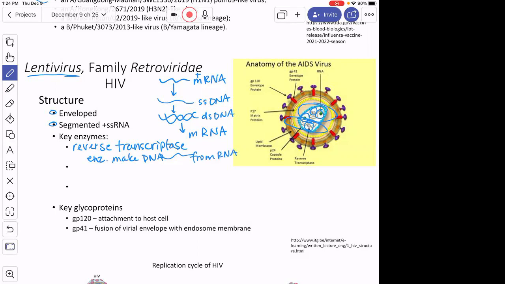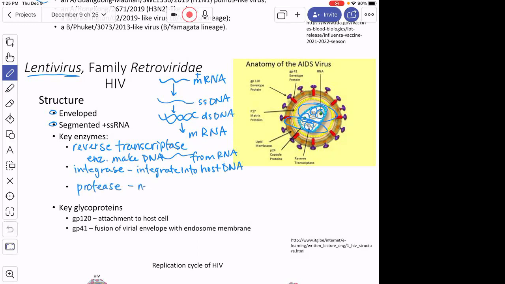Okay, two other enzymes, and these become important as we think about how a drug's designed to treat this disease. Integrase, which helps it to integrate into host DNA, and protease.